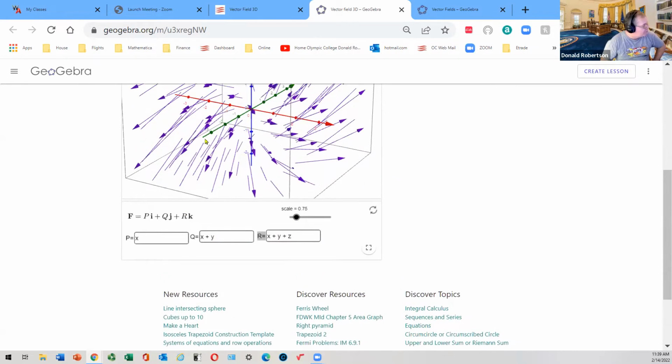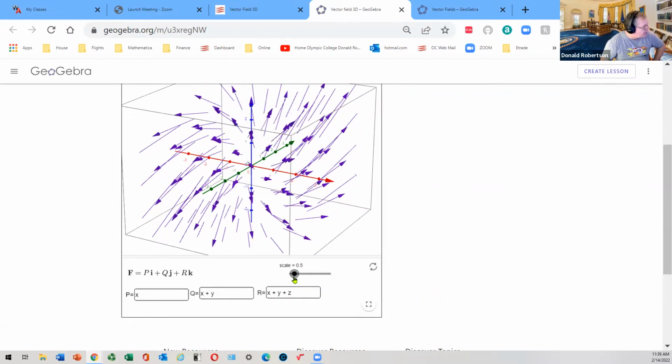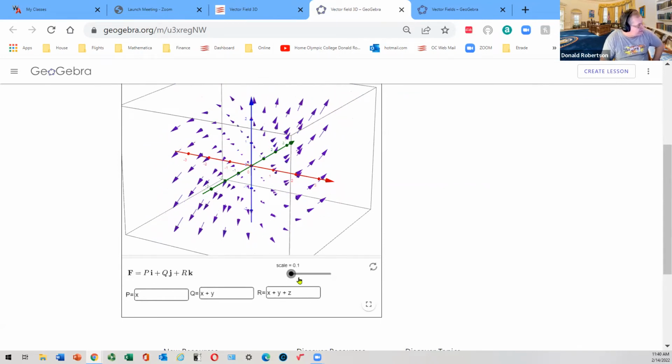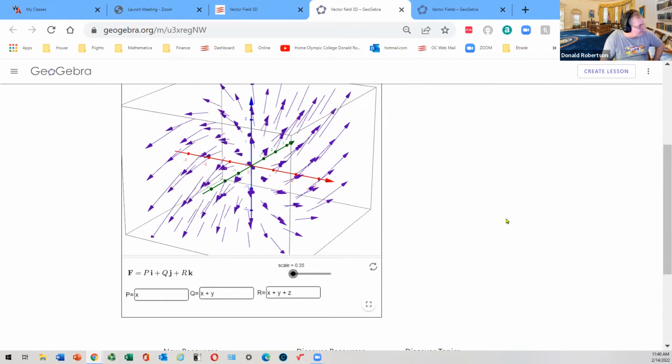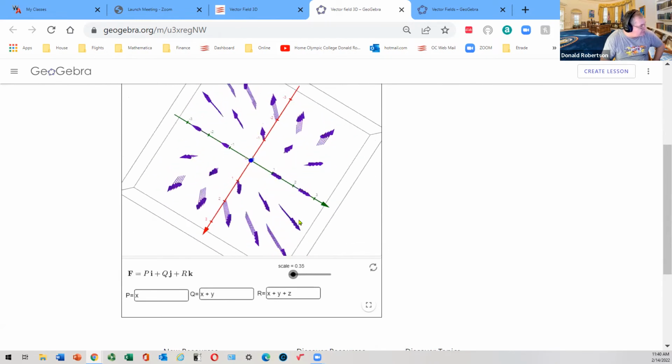Now, if you find that the lines are just too long, you can shrink them back a little bit. There, and a little there. Maybe a little bit too much there. Now, you can also rotate this. For instance, if you look at it straight above, don't you get a better impression of what is happening here?